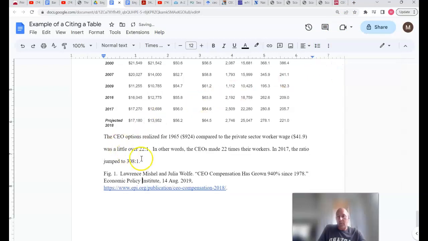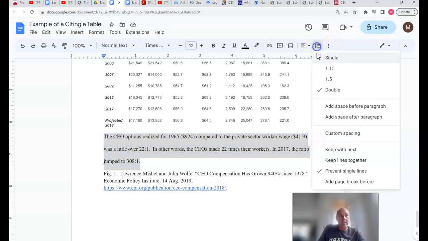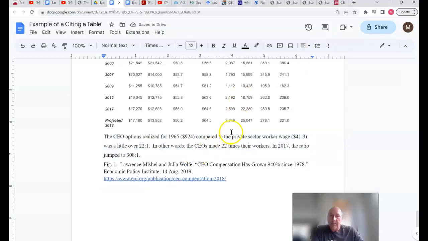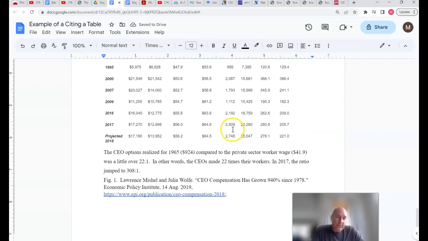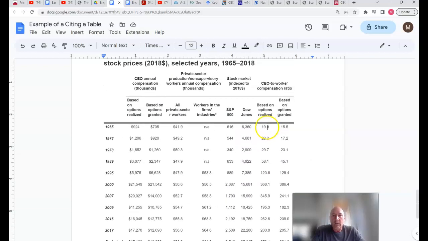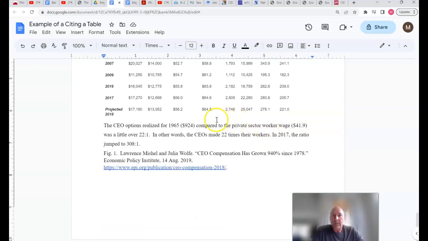So I probably do the 1.15, and maybe on this little piece here, I might make it 1.5. It's up to you. Technically, it's supposed to all be double space, but I want it to look good. I want it to be all in one page, easier to read. So I'm okay if you do that.